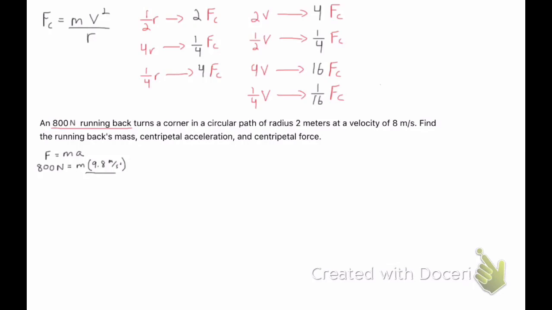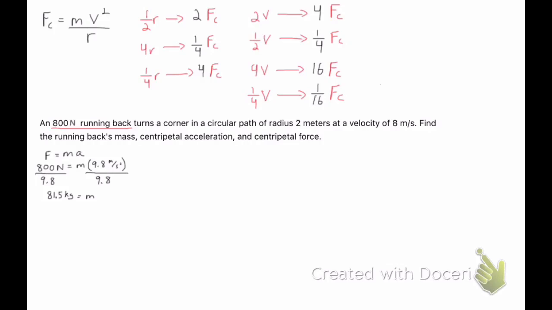If we divide by 9.8, we get that the mass must equal 81.5 kilograms. Alright, so now that we know his mass, we knew his weight, but now we know his mass. Now we must find the centripetal acceleration.